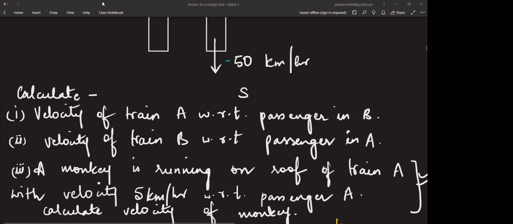Mention the direction also. All those who have answered, mention the direction, north or south. Just mention N or S, so that would complete your answer. Magnitude is right.